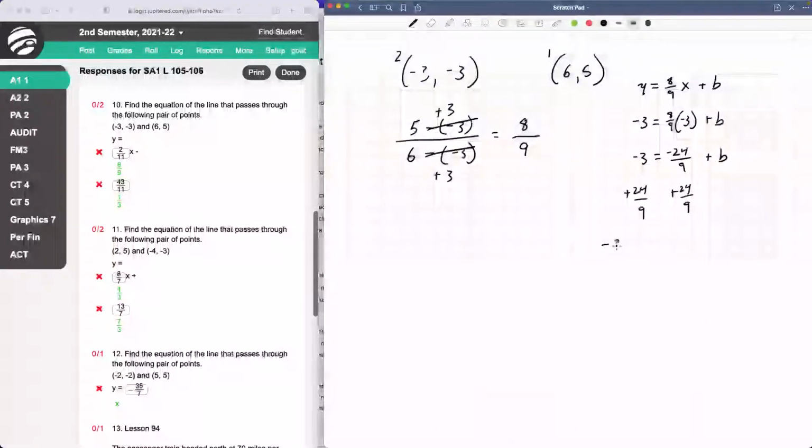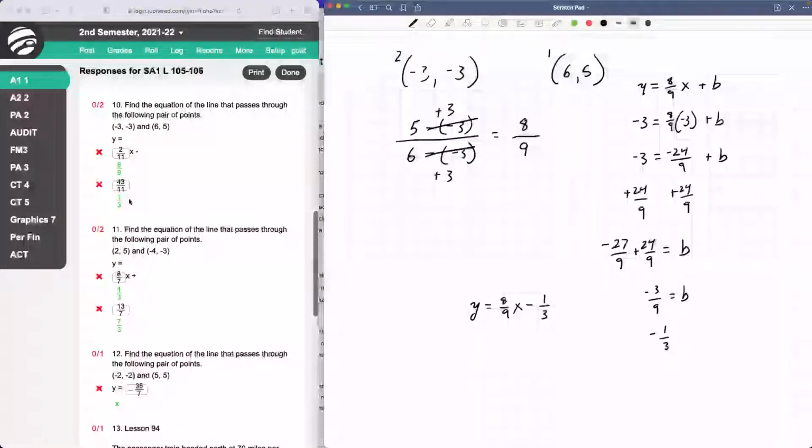So that's -27 over 9 plus 24 over 9 equals b. That would be -3 over 9 equals b, which just equals -1/3. So then my linear equation would be y equals 8 over 9x minus 1/3.